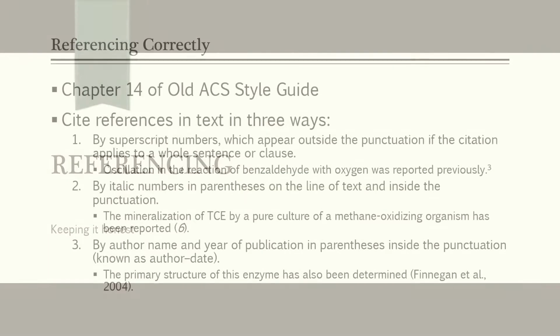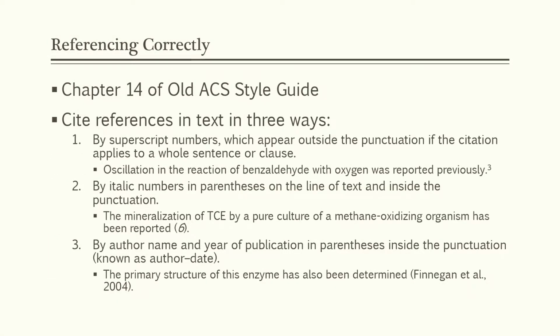Now we need to get into the referencing part of it, and the number one way to keep things honest and avoid plagiarism is to learn how to reference your sources, especially learning how to reference them correctly.